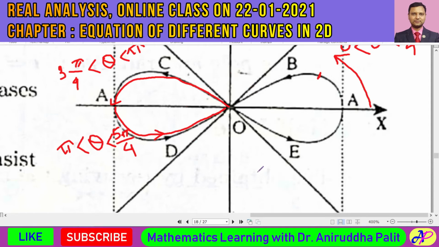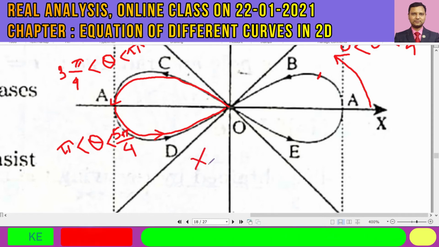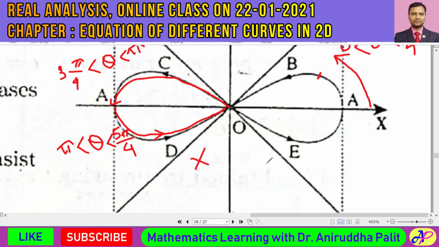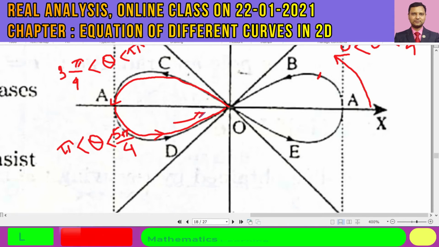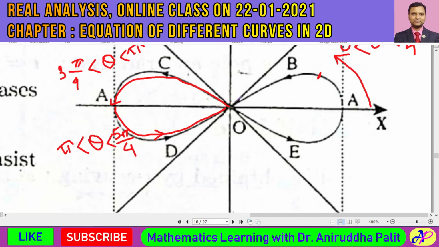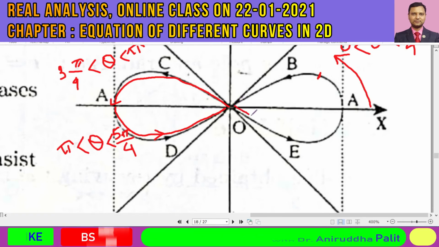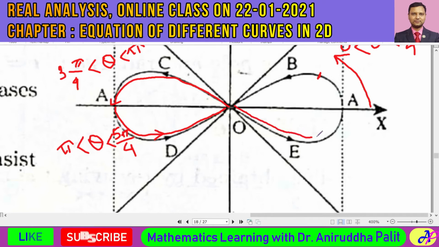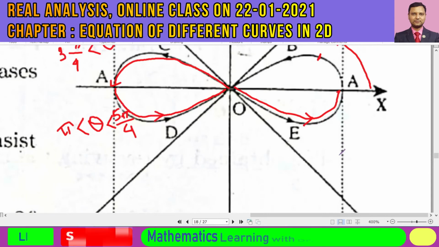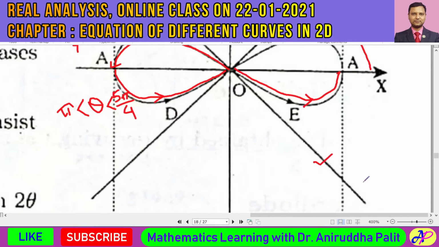And again, in this zone, there is no segment of the curve. After coming to the point O along this direction, if the arbitrary point P wants to trace the remaining portion of this segment, then this would be the guiding straight line.